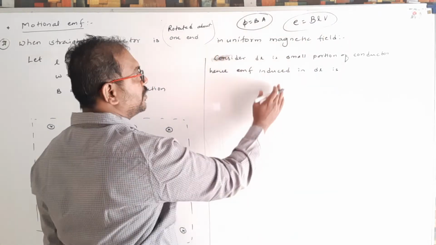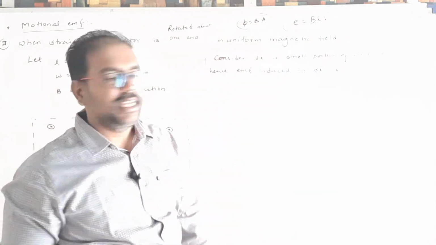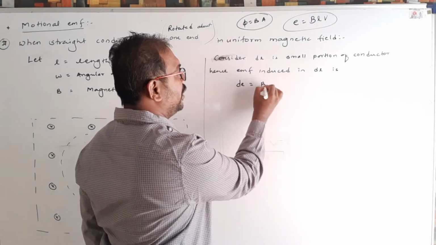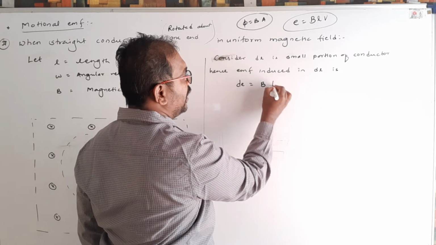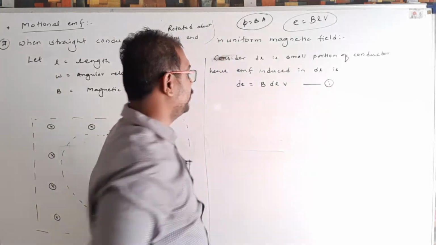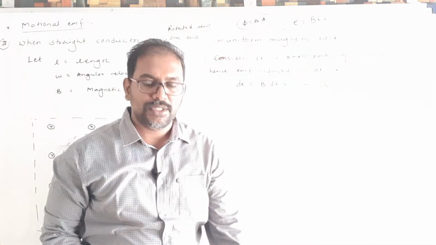This formula we can use. Instead of E, I can use dE because it's a small part. B is the magnetic field, the length of this part is dl, and the speed is v. So we get equation number 1. This is the induced EMF.